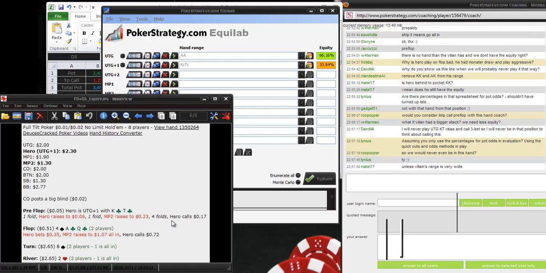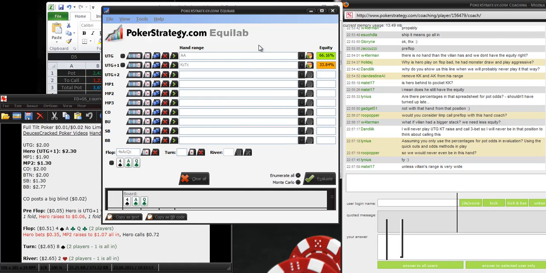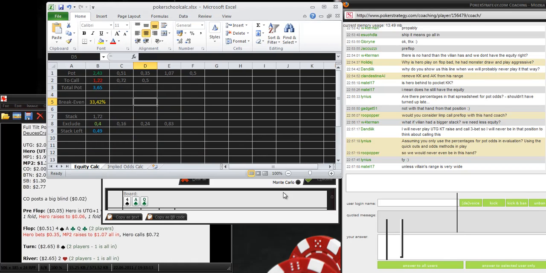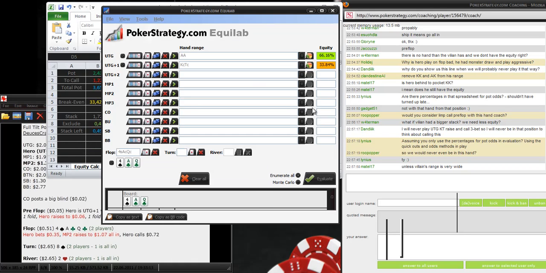Then you will be able to remember the situation from the coaching and know that you can call. If the opponent had a bit more stack, it's pretty much a break-even call, which tells us it's pretty much a flip.